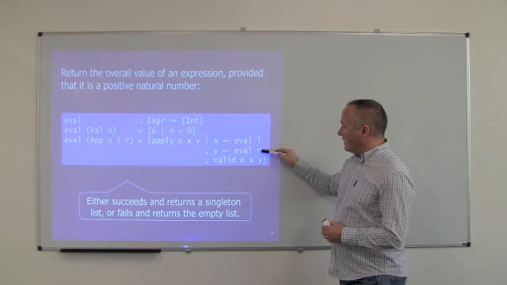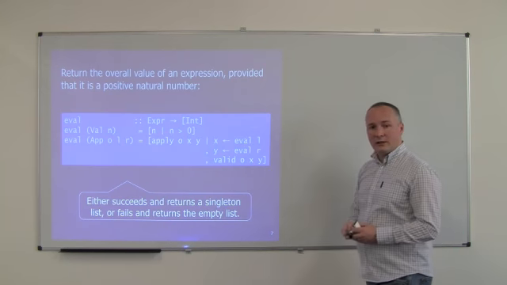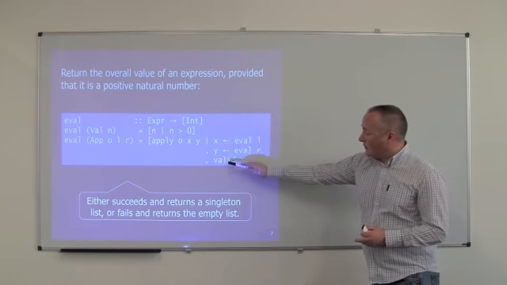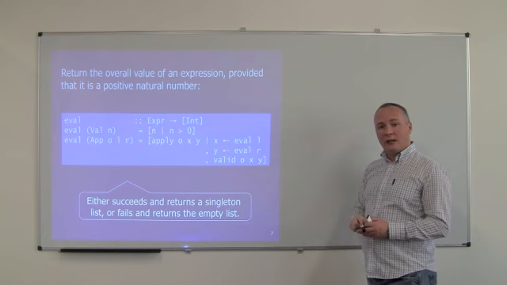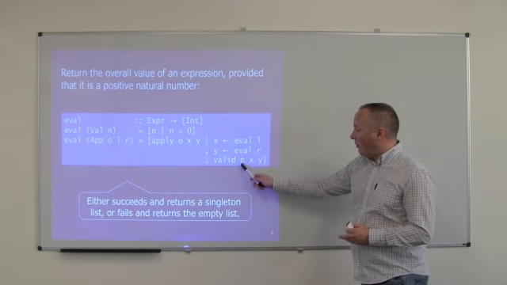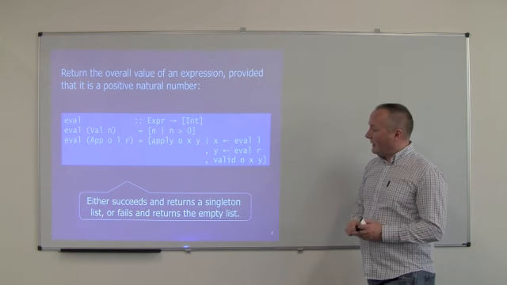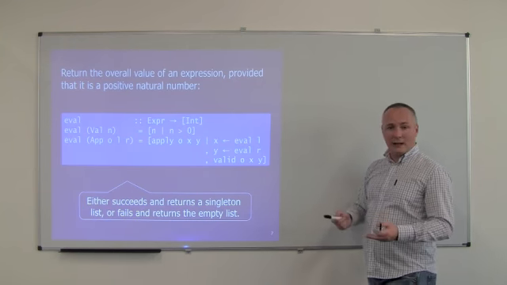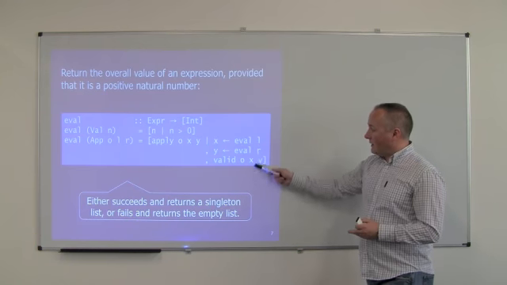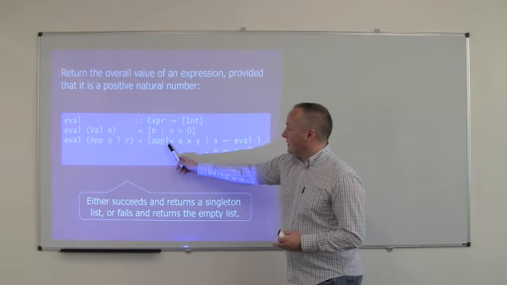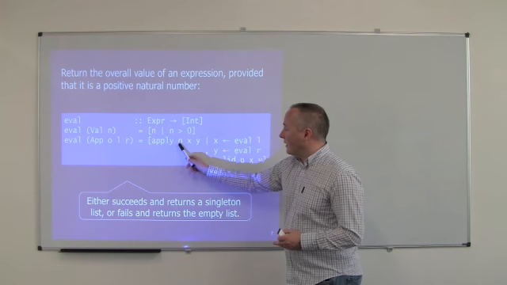Evaluate the right sub-expression, and if that succeeds, call its result y. And then check, is the application of the operator O to the integers x and y valid? Because that may fail, maybe negative or 0 for example. And if all of these things succeed, you actually perform the application of the operator to the two numbers.